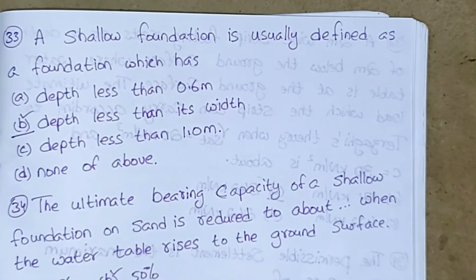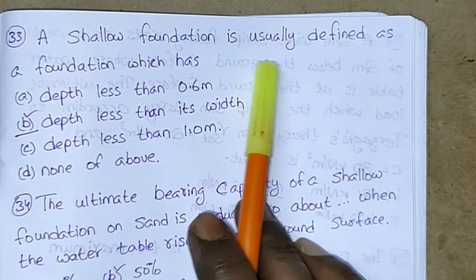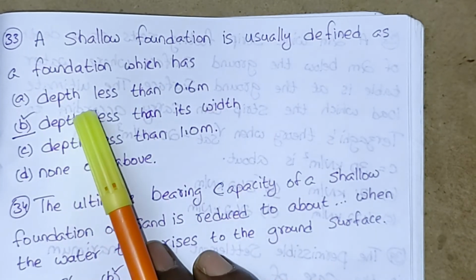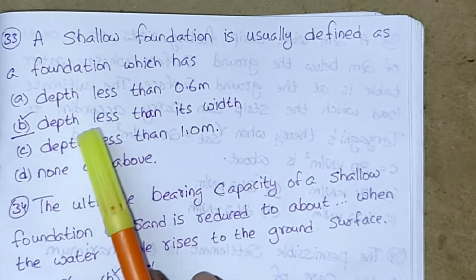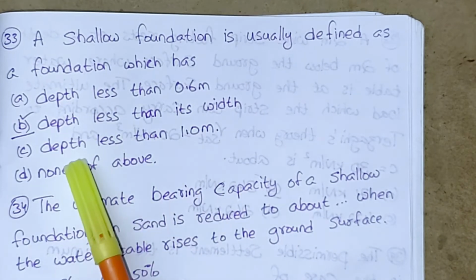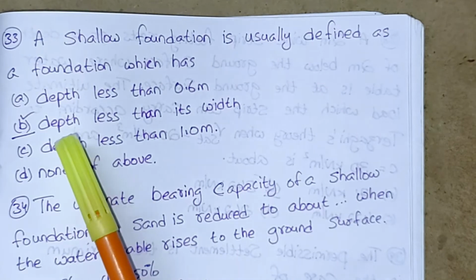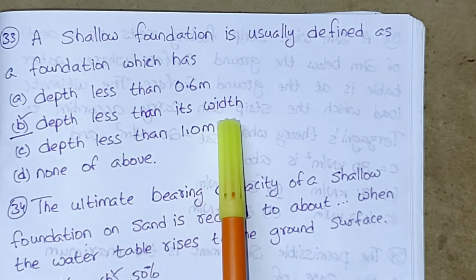Next, a shallow foundation is usually defined as a foundation which has depth less than 0.6 meters, depth less than its width, depth less than 1.0 meter, none of the above. So the correct answer is depth less than its width.